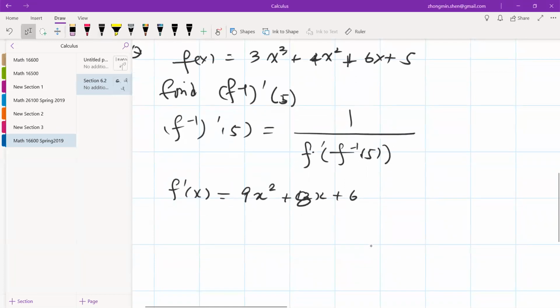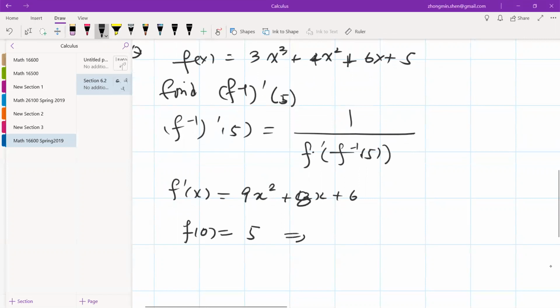I also have to find the value of the inverse function at 5. I observe that f of 0 is 5, because when you plug 0 in for x, you get 5.